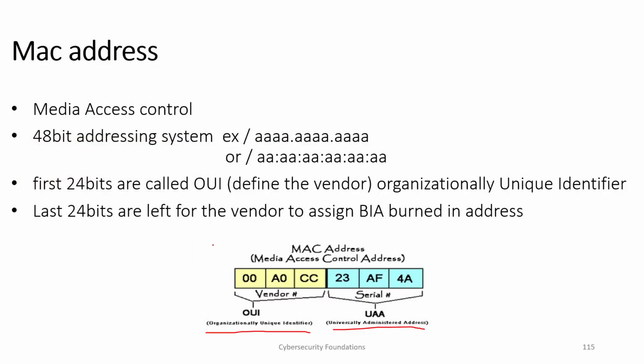So based on the MAC address, you can identify who the vendor is that created this network interface card. And by the way, a MAC address consists of two parts. The first part defines the vendor, and the second part defines the serial number of this particular network interface card.